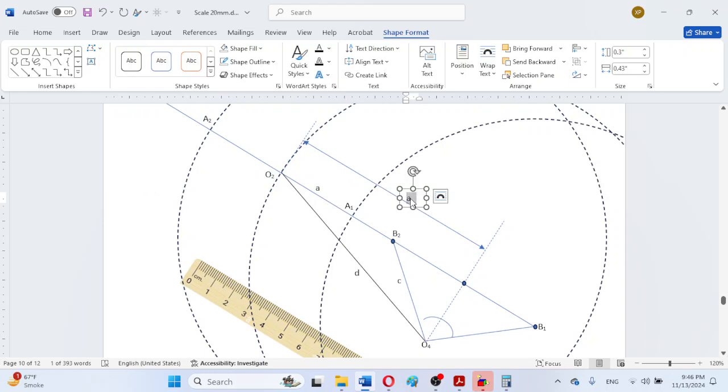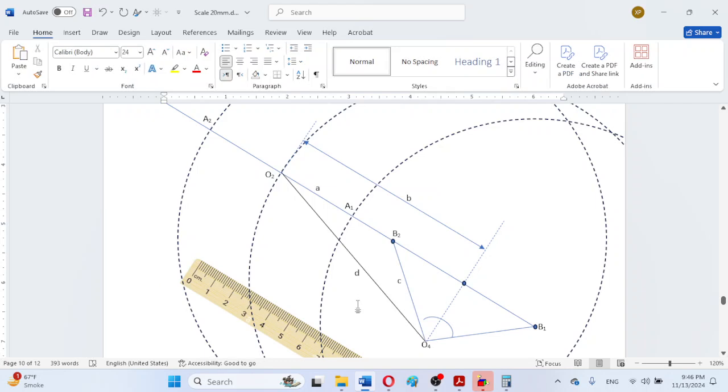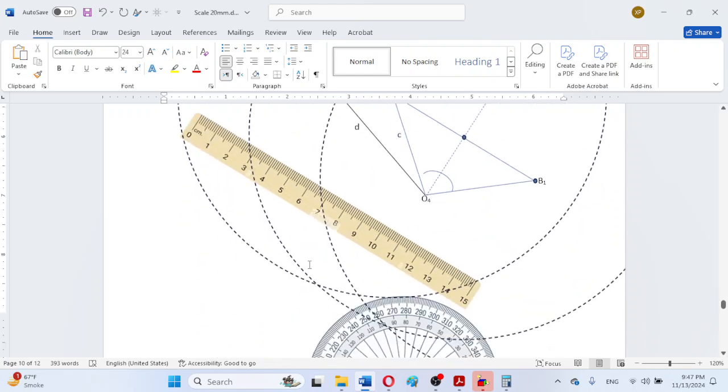Now all four links have been specified, but now we will be measuring the dimensions of the links A, B and D. So we will be measuring with the help of this linear scale.